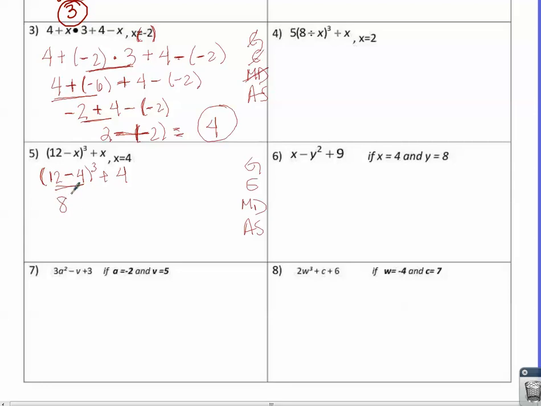You're down to one number, so you can drop the grouping as long as it's positive. So 8 cubed plus 4. There's no more grouping. Now look at your exponents. 8 cubed is 512. Remember, that's 8 times 8 times 8, plus 4. There's no multiplying or dividing, so now you want to add or subtract to get 516. Circle your final answer.